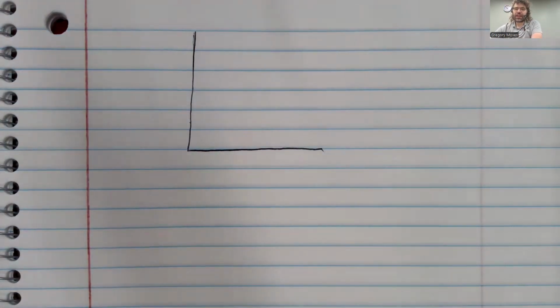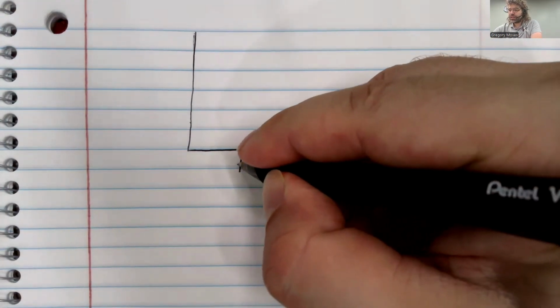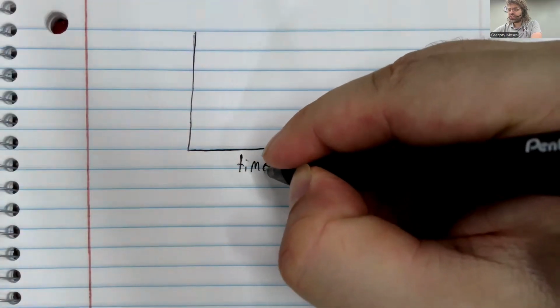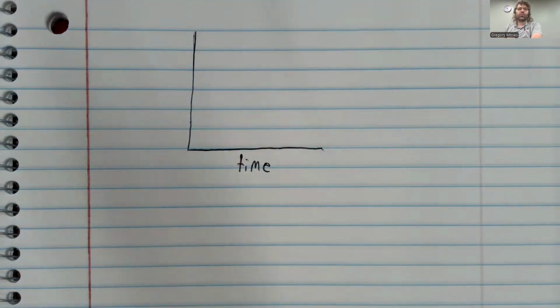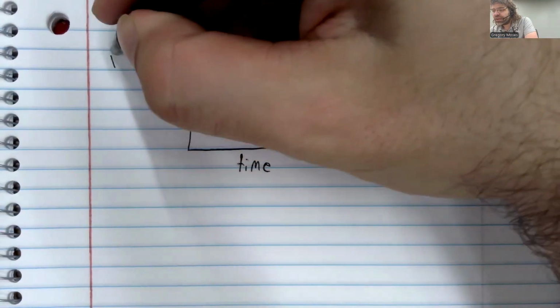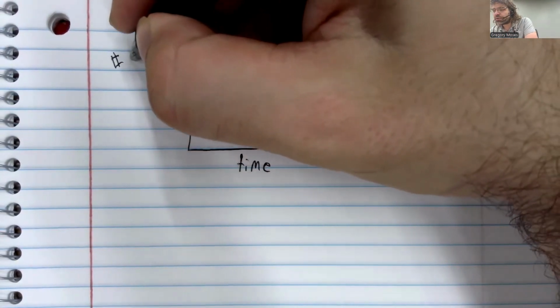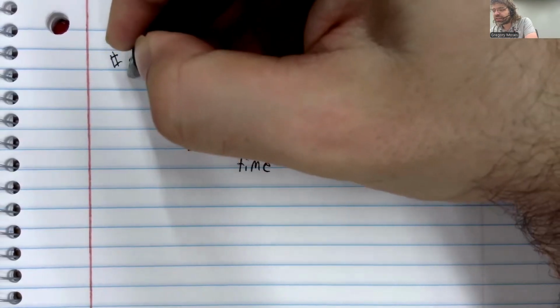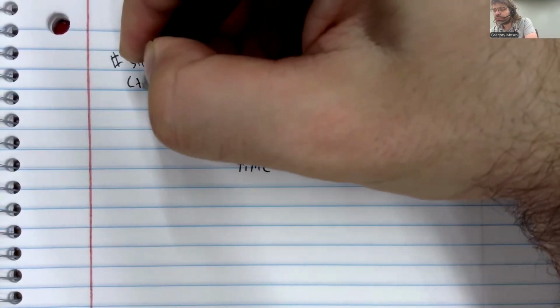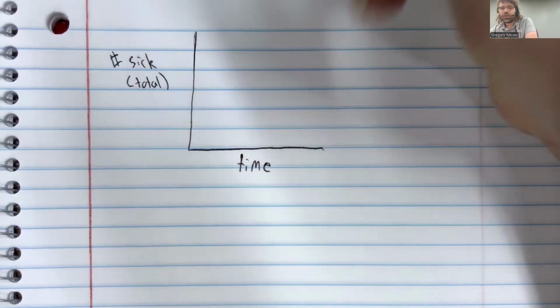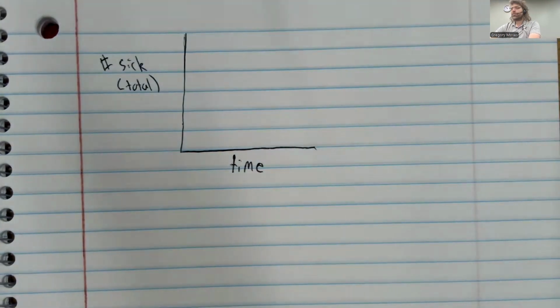Speaking of an epidemic, let's draw a little graph. The number of days into an epidemic will be on the x-axis, and the total number of sick people will be on the y-axis.